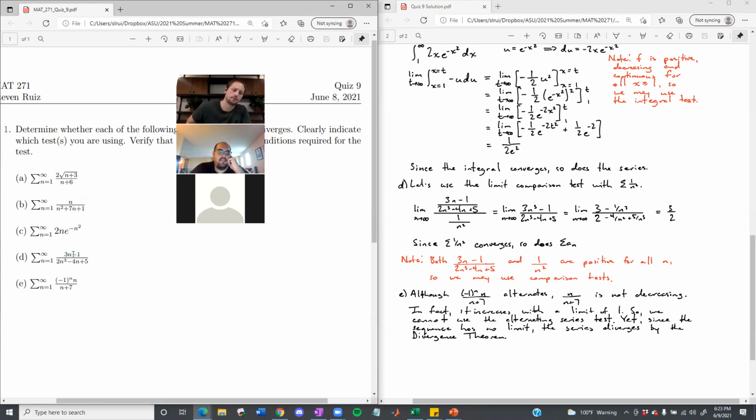So for D, the numerator has the greatest power of n being 1, and in the denominator, that power is 3. So comparing this with 1/n squared, or if you build it down from n/n cubed, basically I need to have a difference of powers of n. I need the denominator to have 2 greater orders on n.